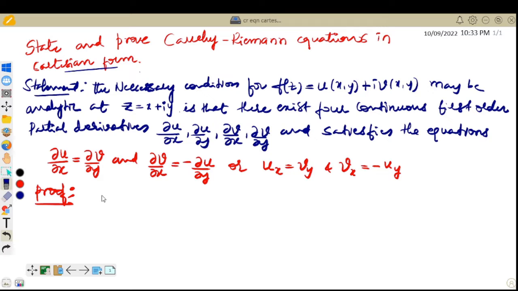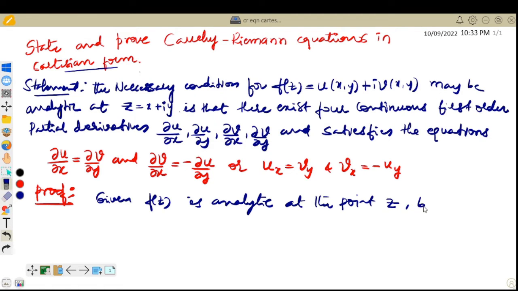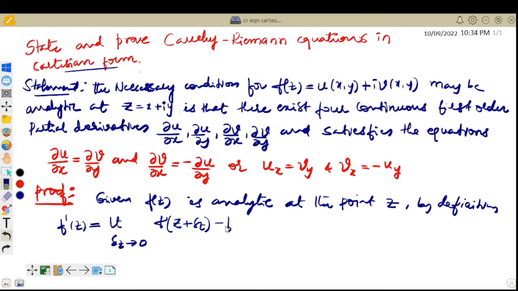Given f(z) is analytic at the point z, by definition of analytic, f'(z) = limit as Δz tends to 0 of [f(z + Δz) - f(z)] / Δz.